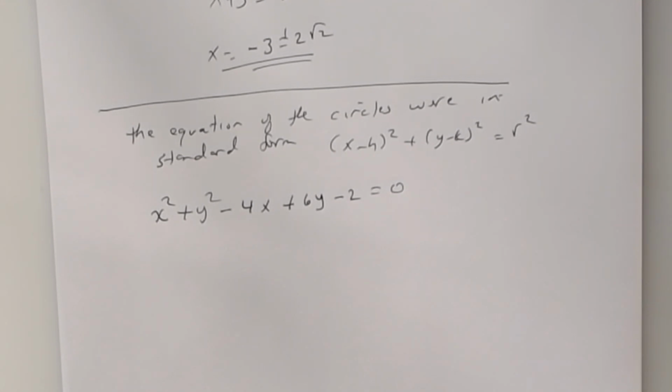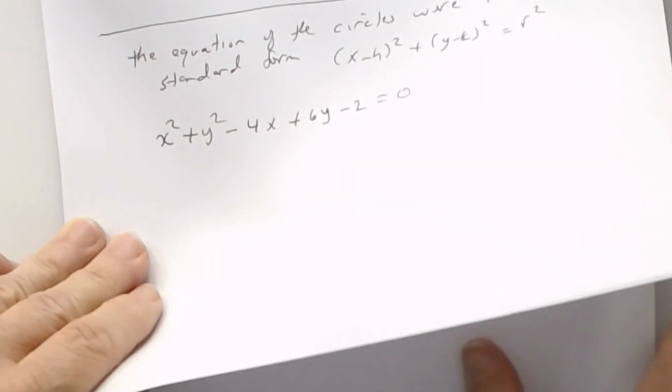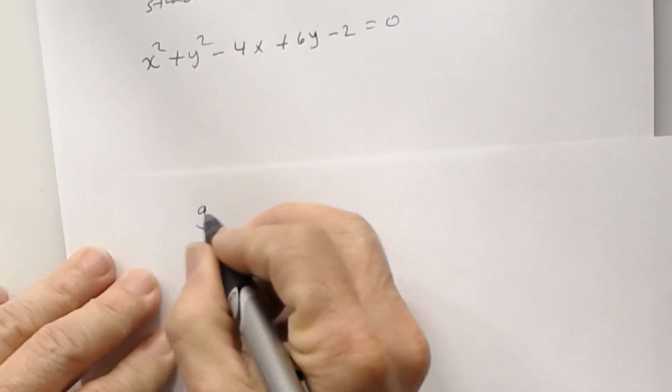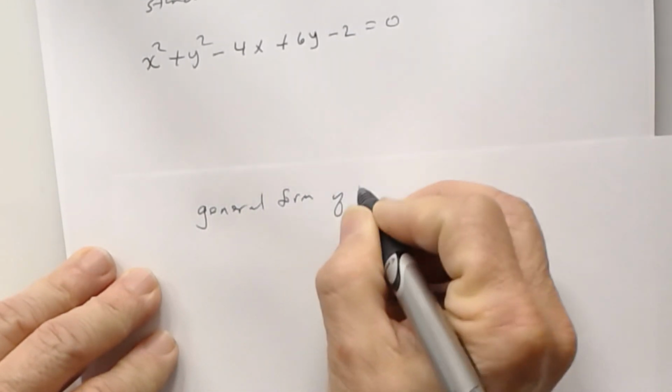Now, this is called general form, by the way. When it's written like this, it's called the general form of the equation of a circle.